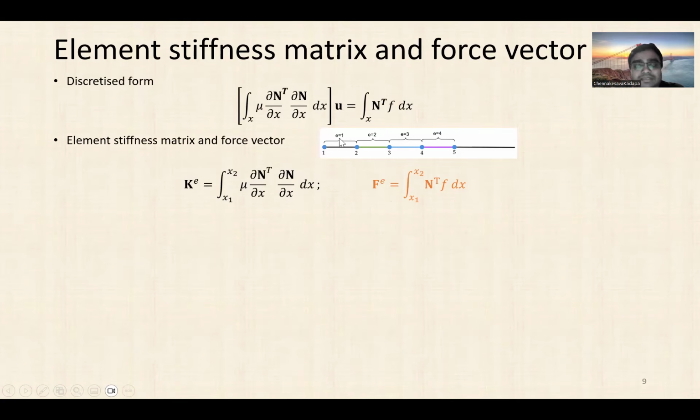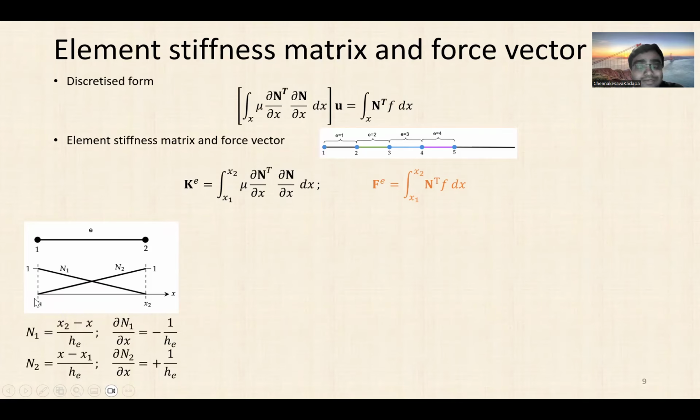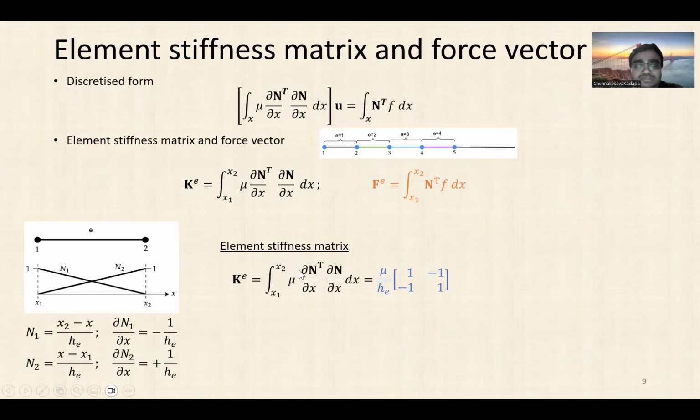Now, by taking a master element with nodes 1 and 2, and then the basis functions N1 and N2, we can derive the basis functions, and then we can calculate the partial derivatives of the basis functions, and after using these derivatives in this expression and integrating from x1 to x2, we get this 2 by 2 matrix.